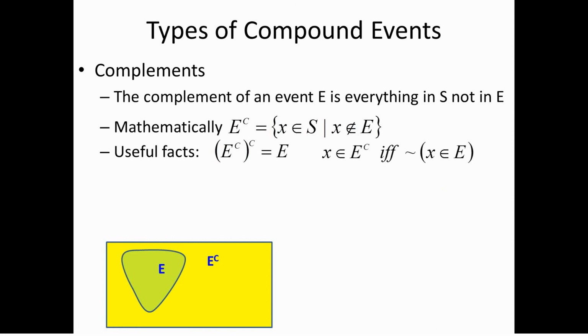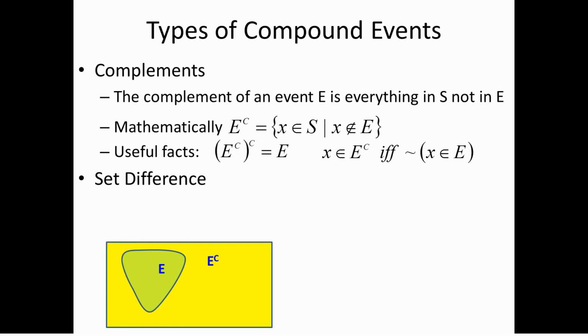The other fact, which is a little more subtle, is that when we're doing proofs involving complements, it is very useful to say that x in E complement is the negation of the statement that x is an element of E. That's a very useful thing.